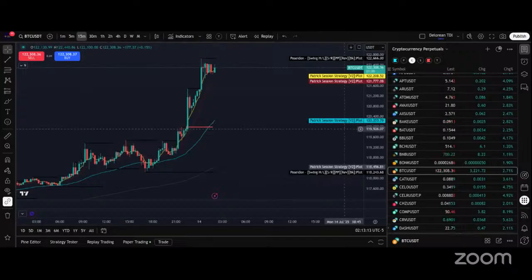Unless you've been hiding under a rock and not paying attention, Bitcoin has now hit an all-time high of $122,666. Pretty cool to see.